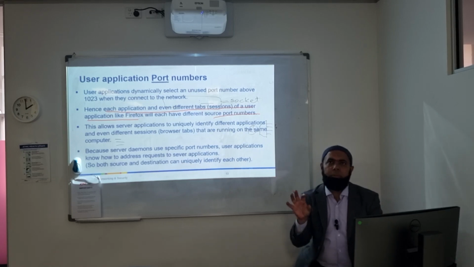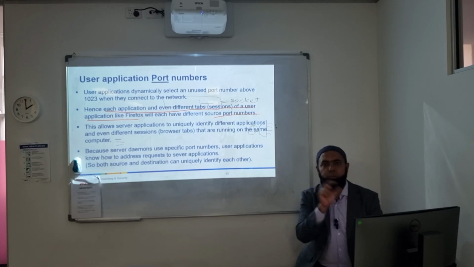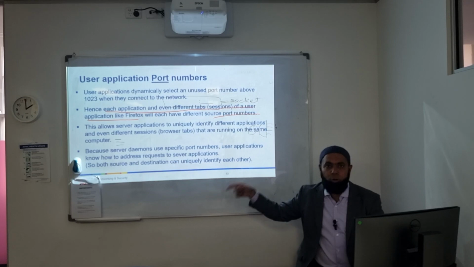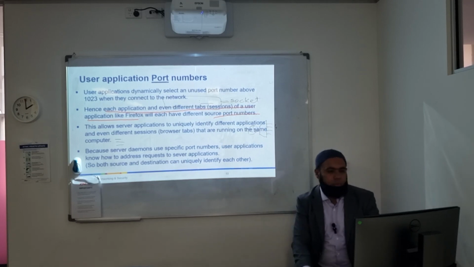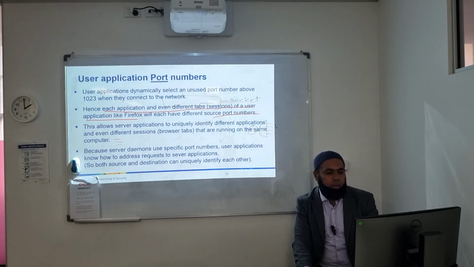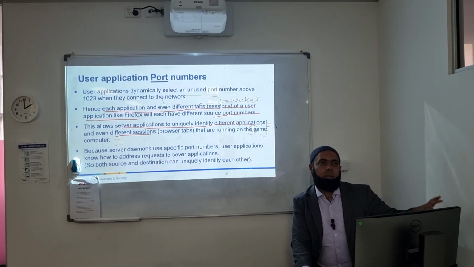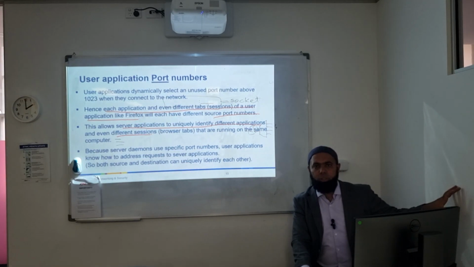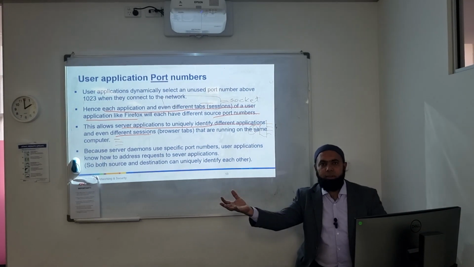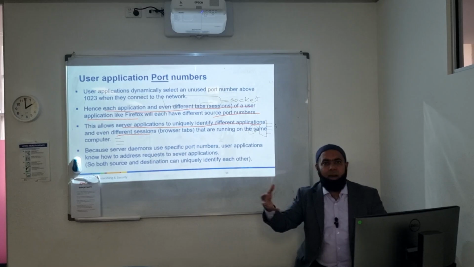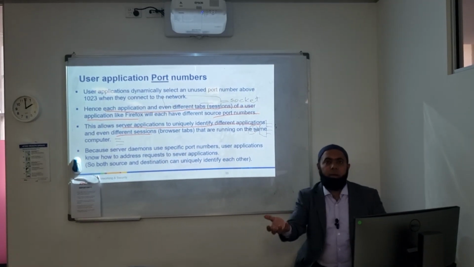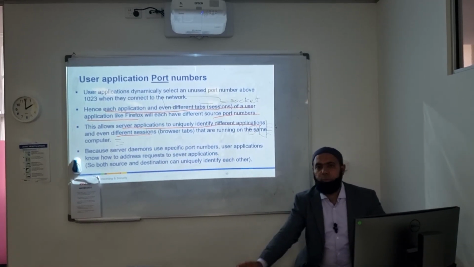Still, we know that for HTTP we need a certain port number, but with Mozilla, as in that example, the port number keeps updating because every one needs a different one. This allows a server application to uniquely identify different applications and even different sessions. For example, one session you started on Mozilla at one time, and then you open a new tab with a different time session. They are different sessions of the same app, but they have different port numbers.